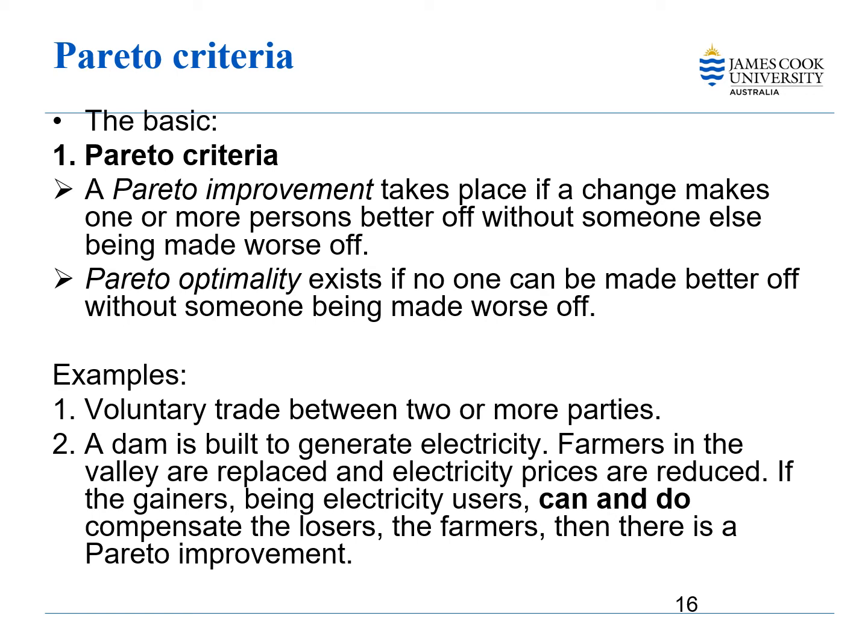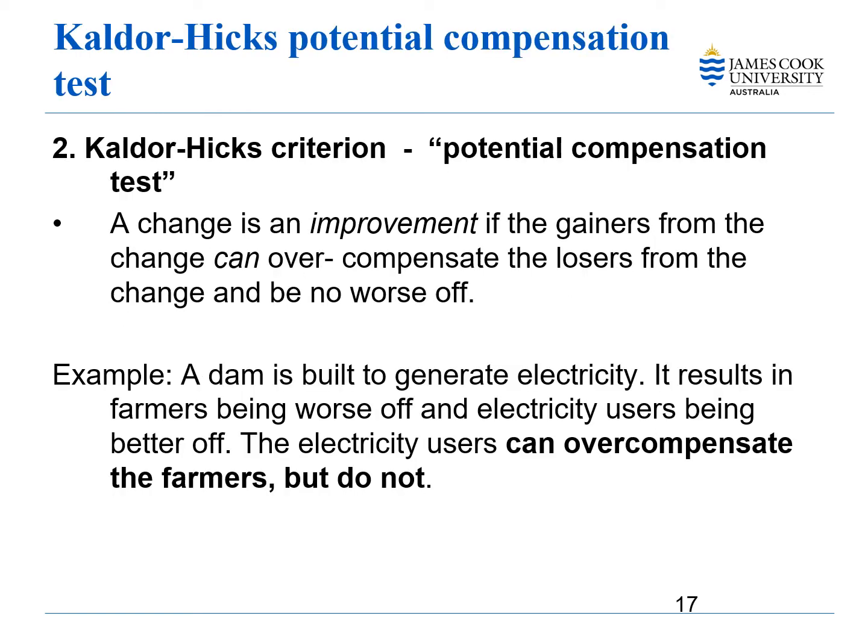If the gainers can and do compensate the losers, which are the farmers down in the valley who are displaced, then we call this dam project a Pareto improvement. In reality, if we use this Pareto criterion or Pareto yardstick, it could sometimes be too strict.